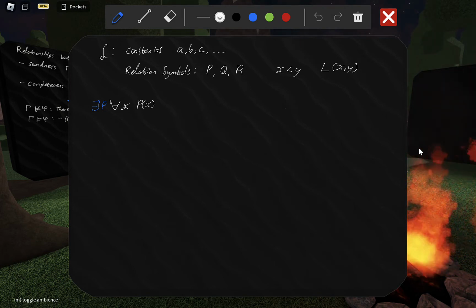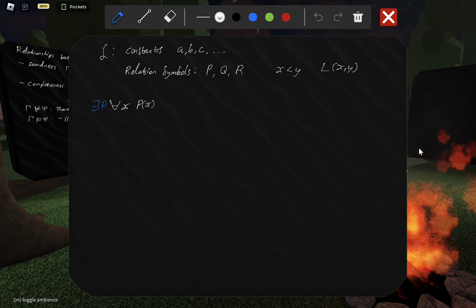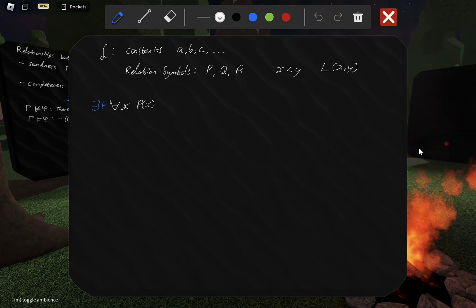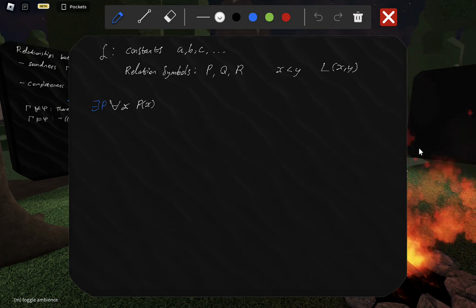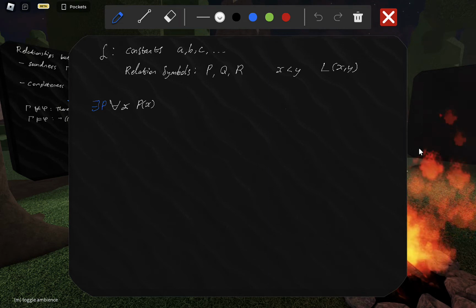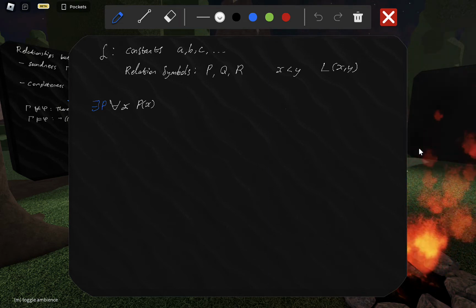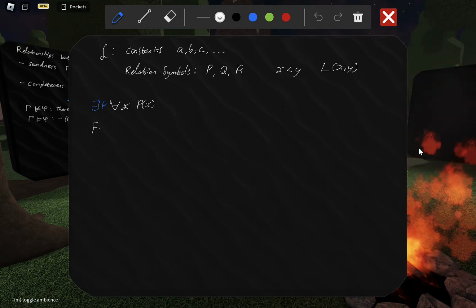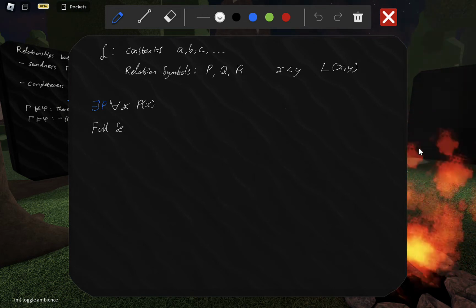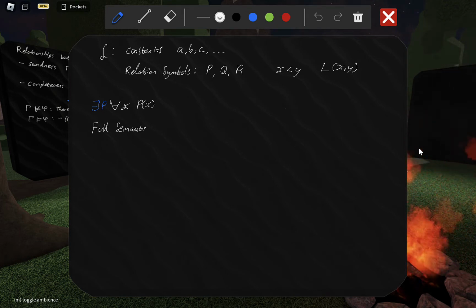There's what's going on on the semantic side of things, and then what is going on on the proof theory side of things. What are the deduction rules involved? For example, on the semantic side, there's what's called the full semantics.